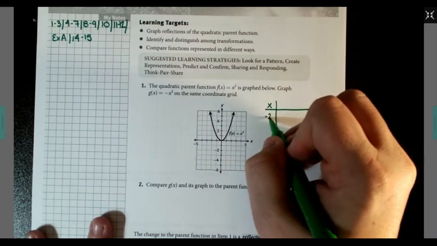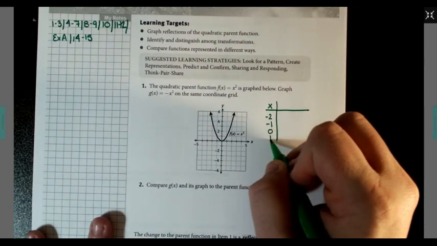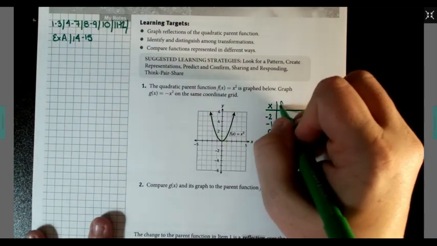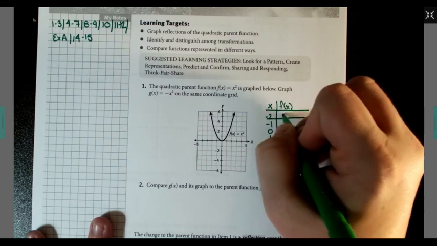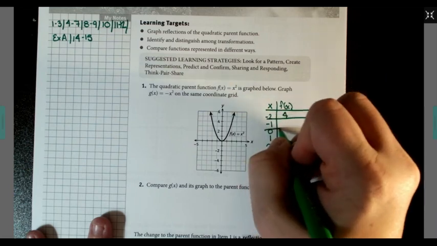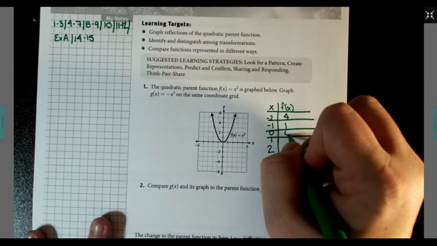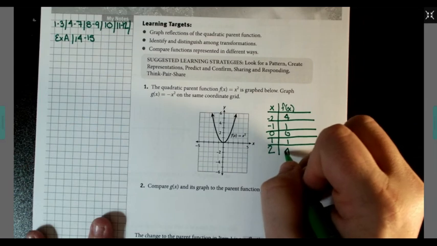Let's look at -2, -1, 0, 1, 2. Well, we know that f of x is 4, 1, 0, 1, 4.